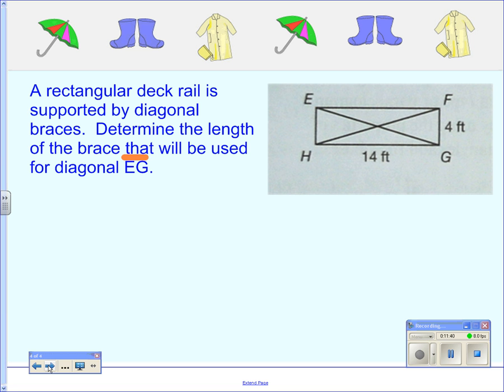What would you do? Okay, they want us to find the length of EG. We have this as 14. We don't know that. What is this side? That makes sense. Okay, so Pythagorean theorem would give you what?